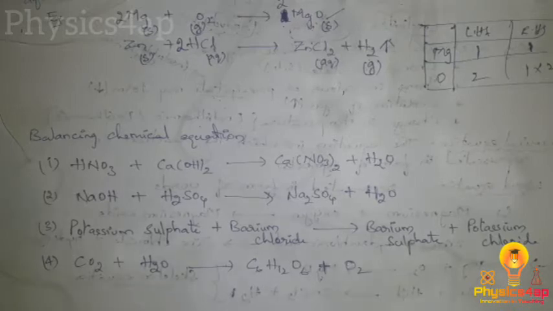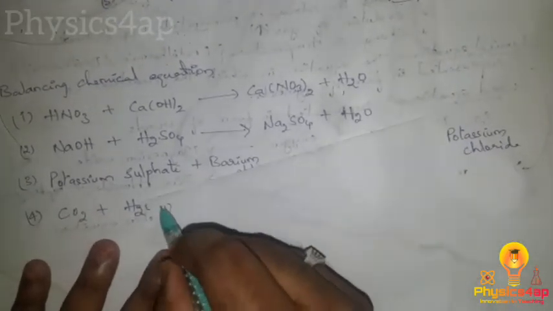The first one is HNO3 plus Ca(OH)2, that is calcium hydroxide, giving rise to calcium nitrate plus water molecules released. Before going further, we need to see how many nitrogens, how many oxygens, how many calciums and how many hydrogens there are, and write that down. So let us see the first equation.